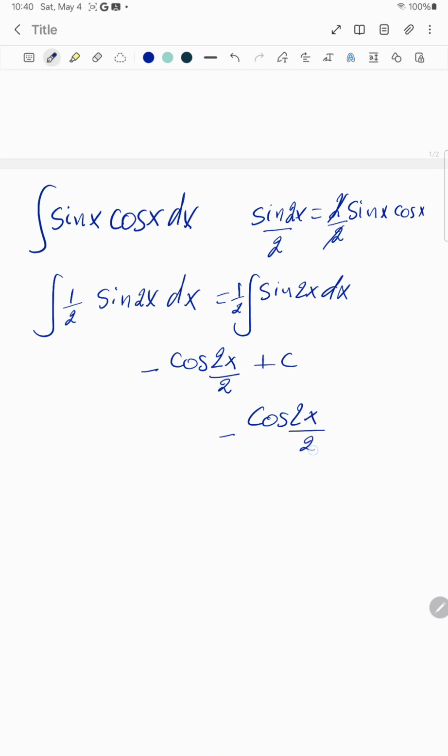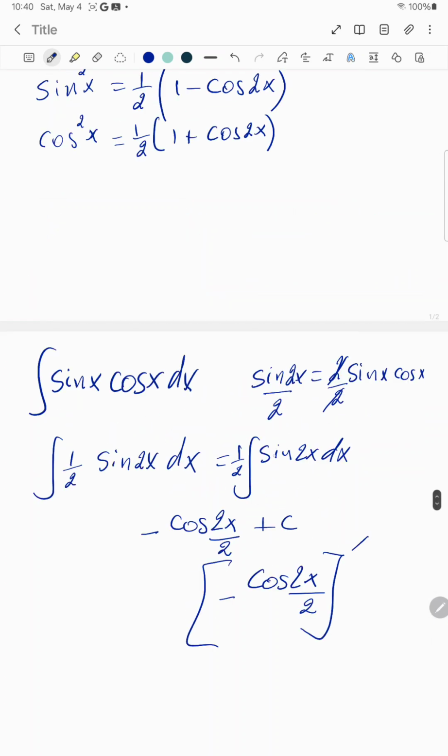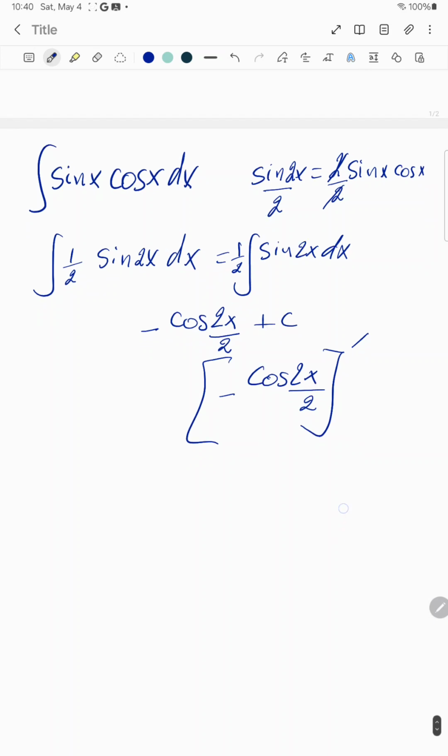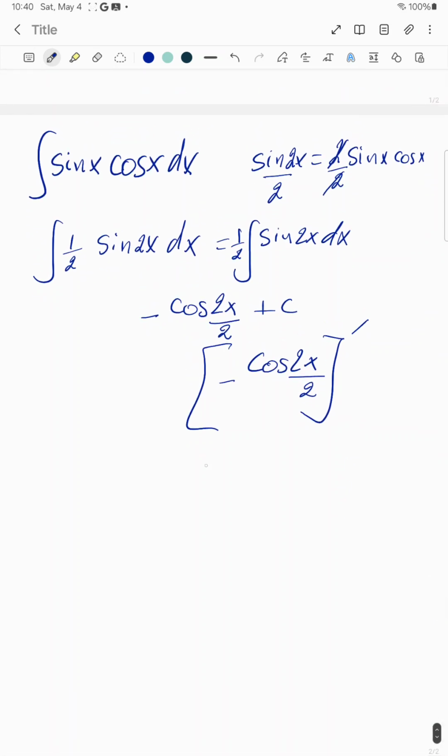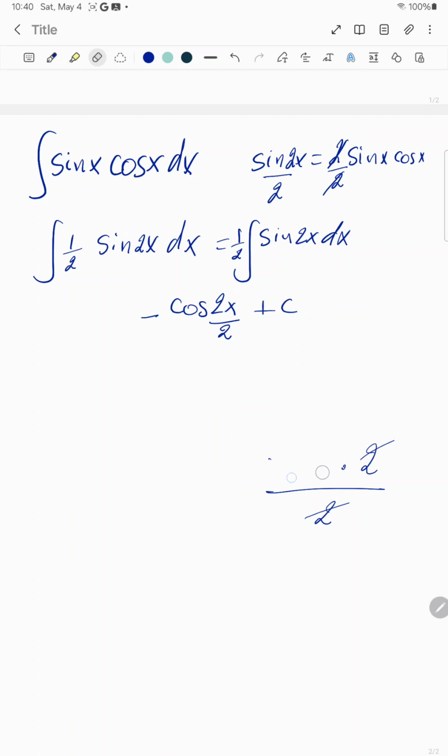Cosine 2x divided by 2, the integral of that: the derivative of cosine is minus sine, so it becomes minus, and then the minus that is here, I have to put it here, minus sine 2x multiplied by the derivative of 2x, which is multiplied by 2, but here I have divided by 2, so this and this would go out, and minus times minus is equal to plus. So I will come back to sine 2x. So this is how I came up with that formula. I think it should be easy for you, but I repeat it for the beginners of the course.